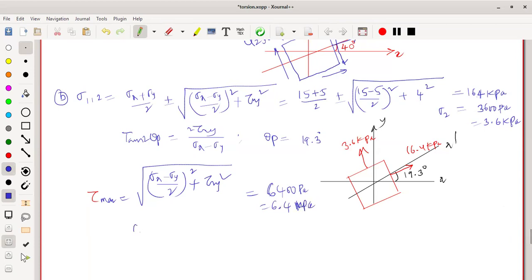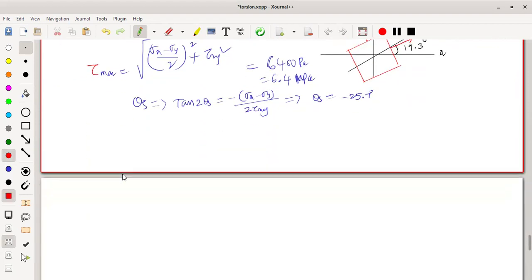And if you want to calculate theta s, same thing here, the calculation of theta s can be done by tan 2 theta s is equal to minus of sigma x minus sigma y by 2 into tau xy. Same, you have to substitute everything in this one and you can conclude the value theta s is minus 25.4 degrees.